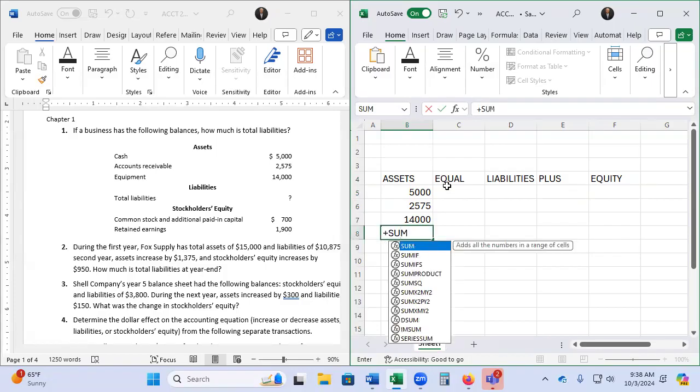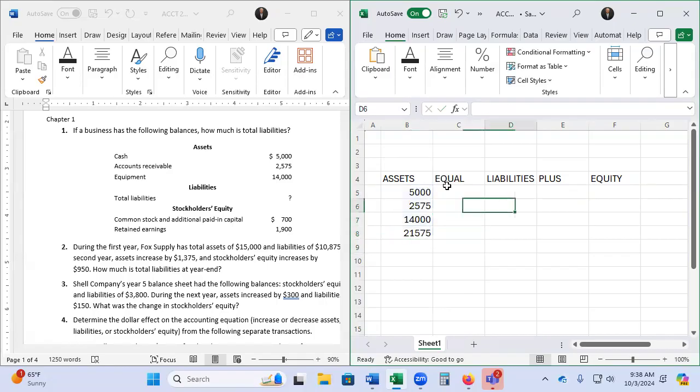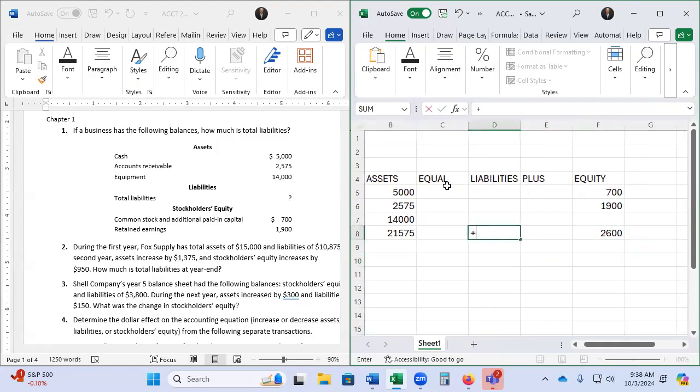So we can sum these up. And we have our equity, 700, 1,900, and 2,000, or 21,575 and 2,600. So our liabilities, we take the assets, we subtract the equity, and we get 18,975.